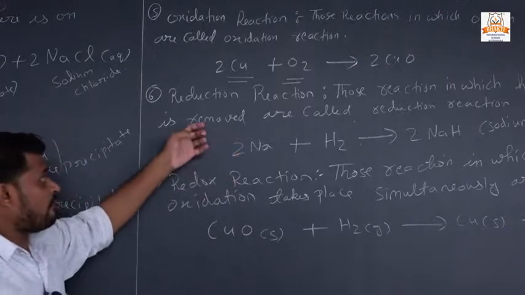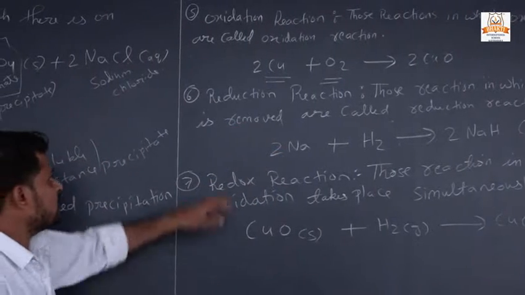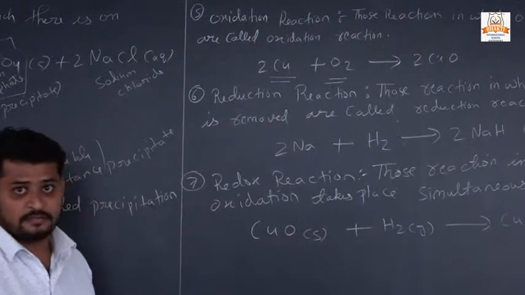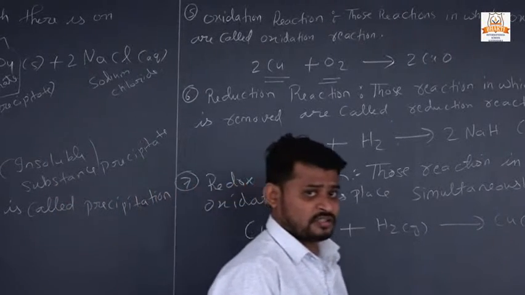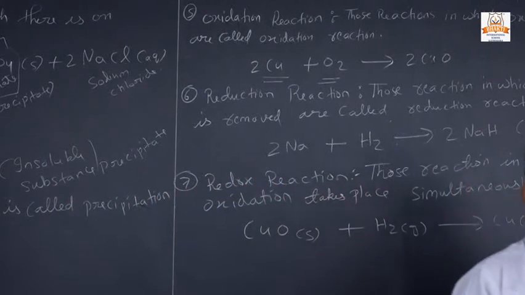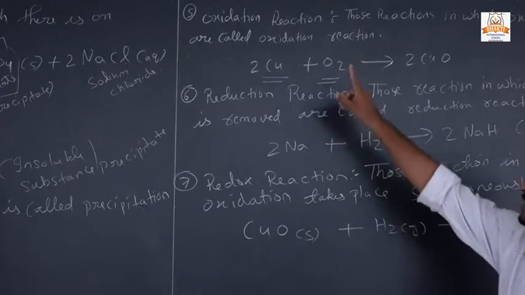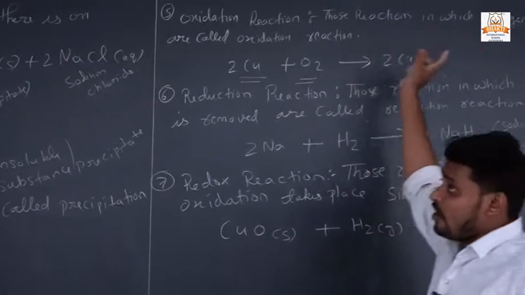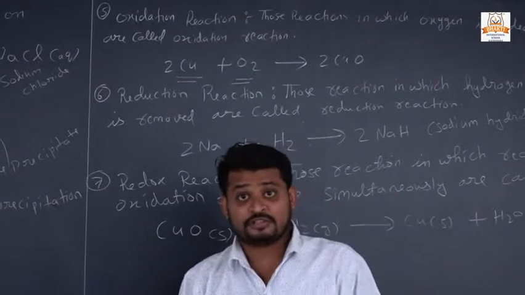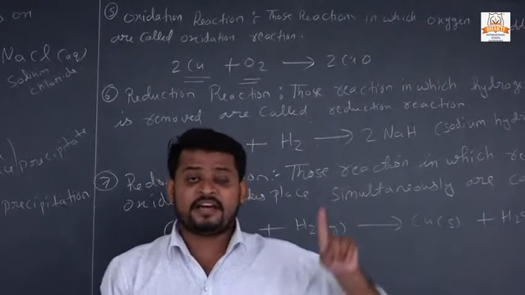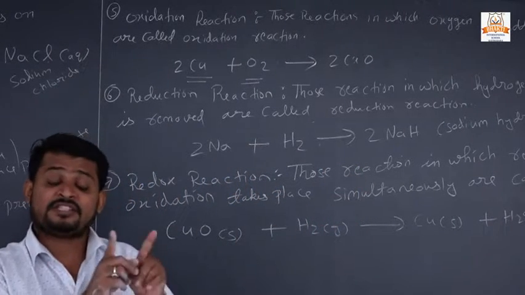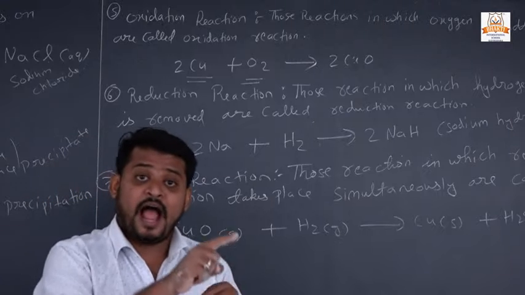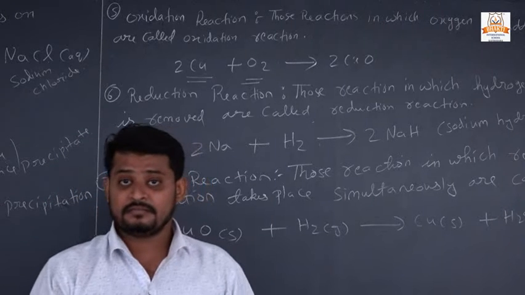Now our sixth reaction, the reduction reaction. It is the reverse of the oxidation reaction. In an oxidation reaction, oxygen is added or hydrogen is removed, but in a reduction reaction, oxygen is removed and hydrogen is added.